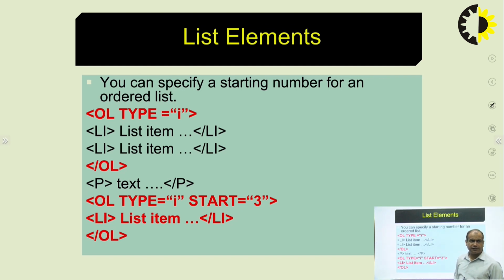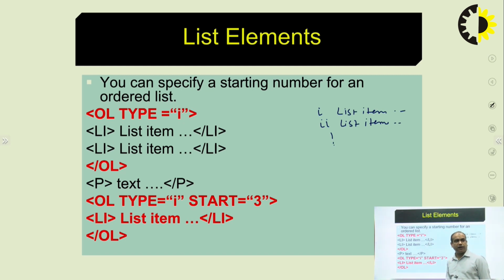If I give OL type i, my list will start with 1 in small Roman. That will be the output, list item, and so on.